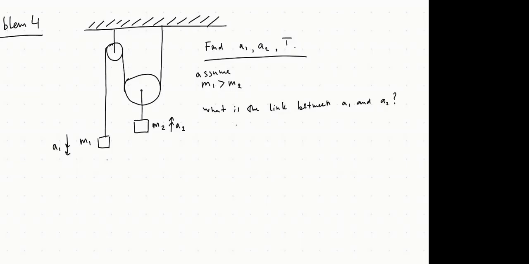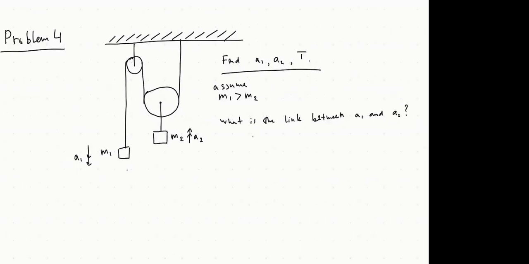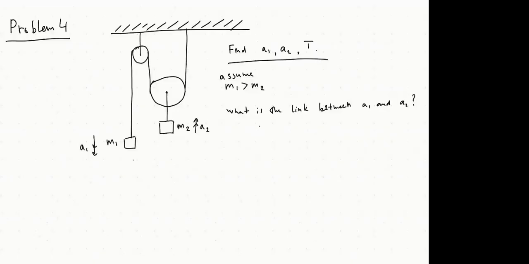Well, you can imagine quite easily that if you move M1 down, so imagine I move M1 by x1 centimeters, that means that this end of the pulley also moves up by x1.